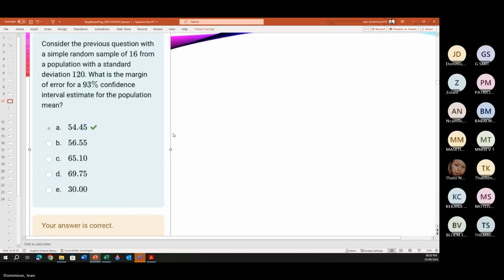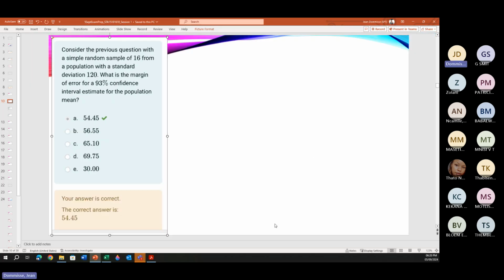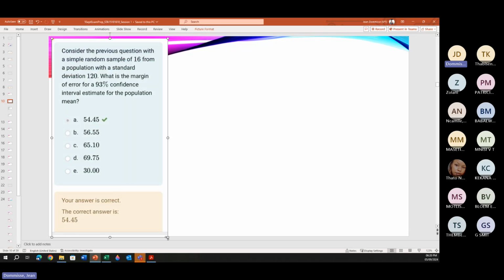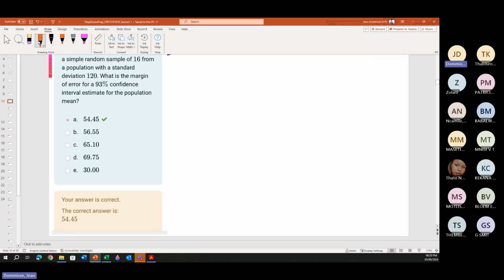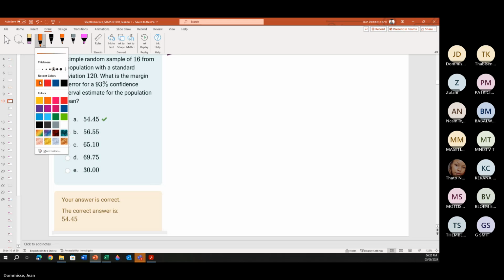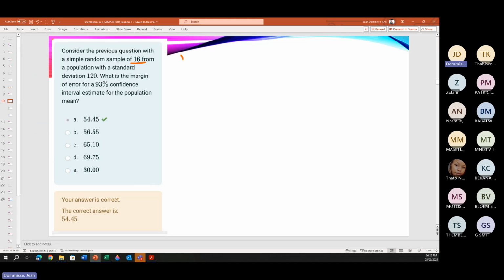Okay, so here is another one. Okay, consider, we don't have a previous question, but we're also saying with a simple random sample of 16 from a population with a standard deviation of 120.